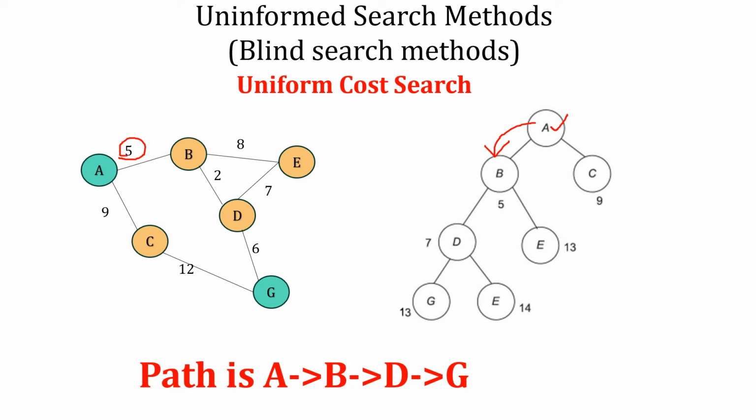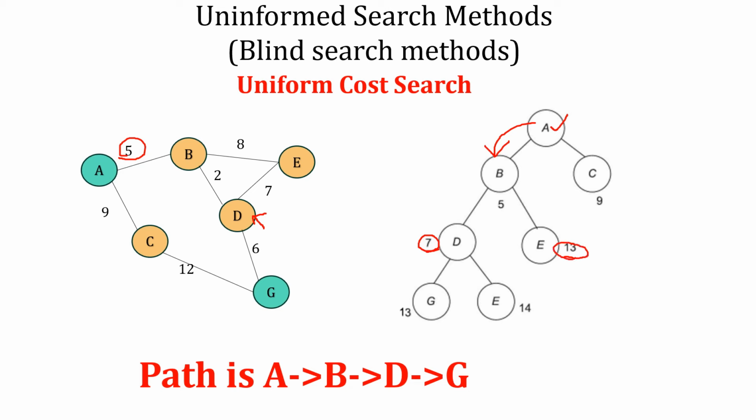From B, we can reach nodes D and E. The total cost to reach D is the sum of the cost to reach from A to B, then B to D. A to B is 5 and B to D is 2. So the total cost to reach D is 7. Now the cost to reach from A to B is 5, then B to E is 8. So the total cost is 13.